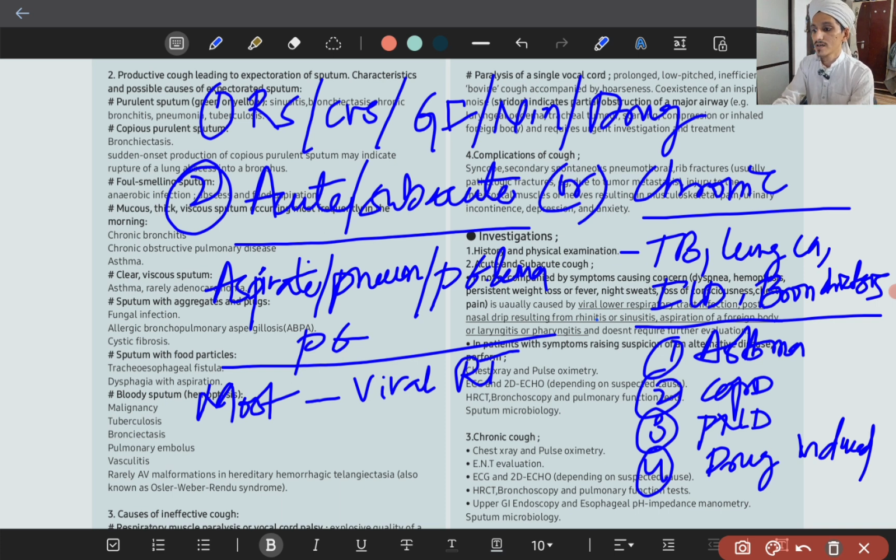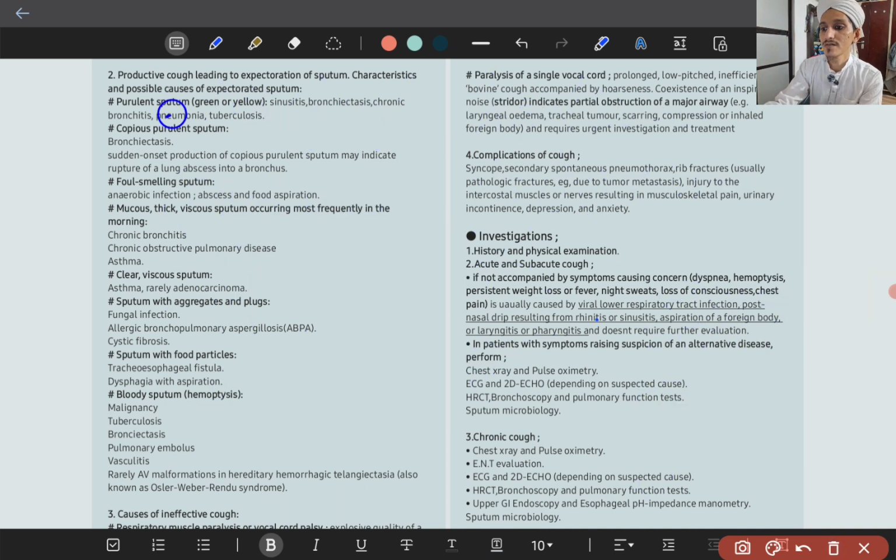Now, this was the second type of classification. The third one is the characteristic of cough.